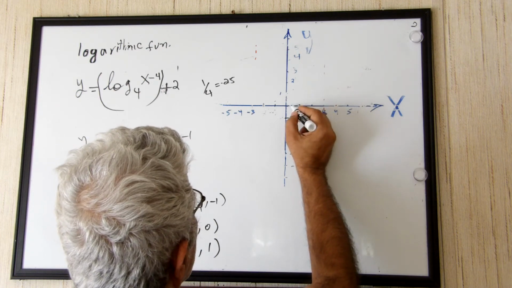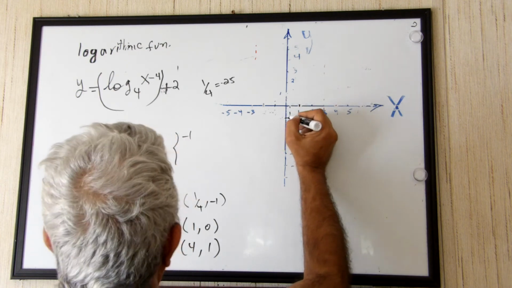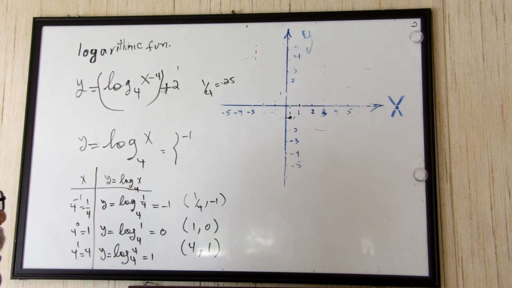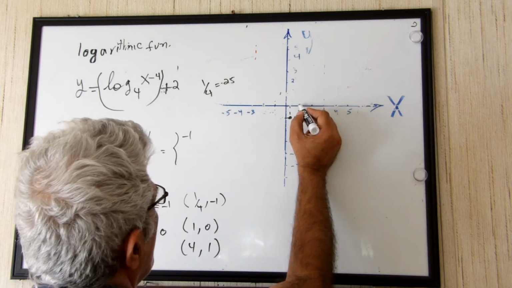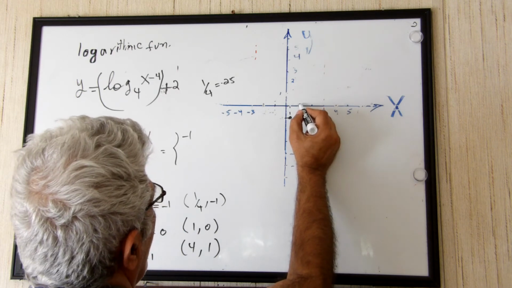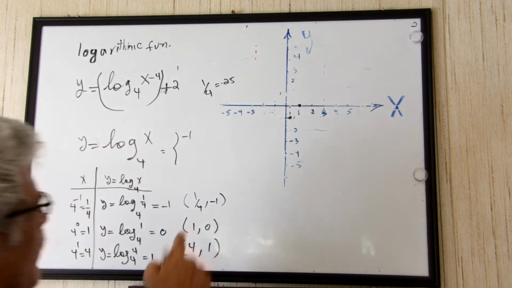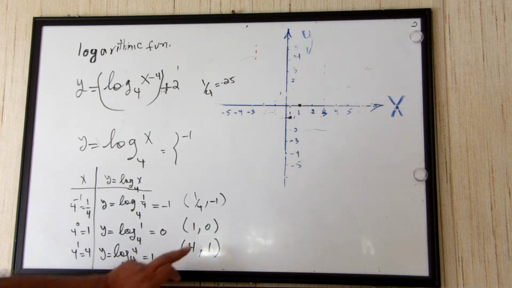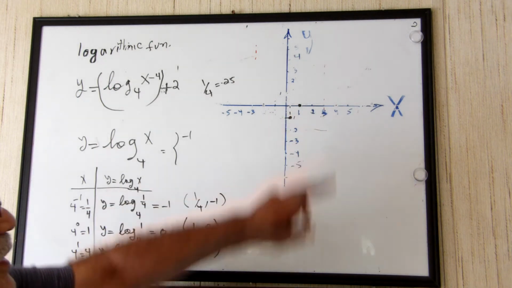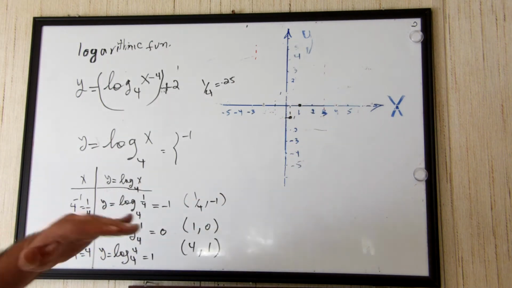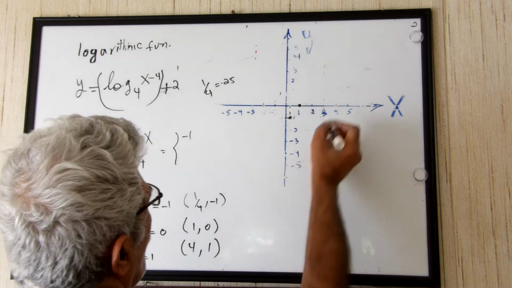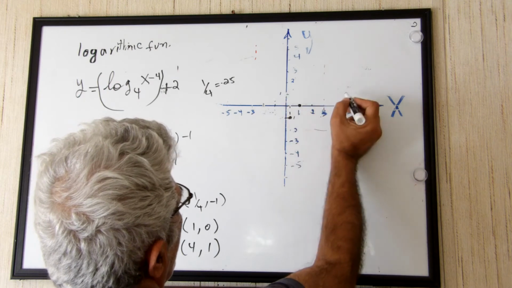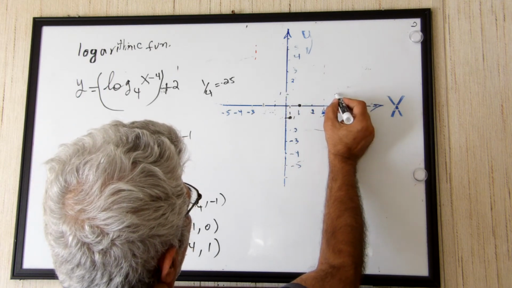The first point is here. The second point, x is 1 and y is 0. When y is 0, it means it's on the x-axis. And x is 4, y is going to be 1, so it's going to be here.